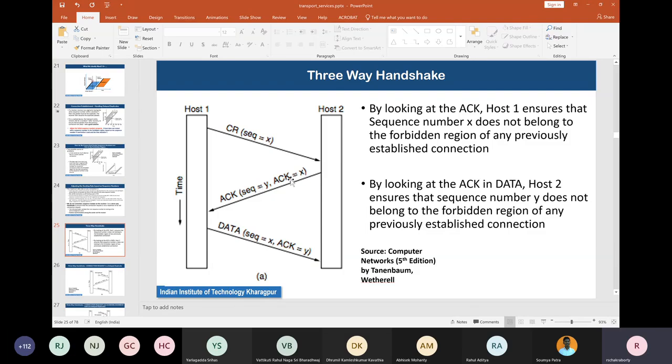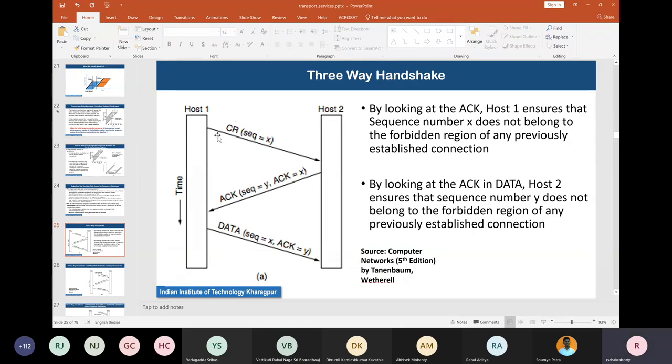And I am acknowledging the last packet that I received from you. Instead of the last packet that I received from you, it could have sent that also, but in the most commonly implemented way, and how TCP also works, it sends back the sequence number of the next packet that I expect from you.